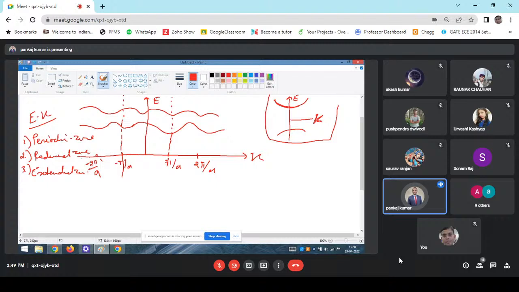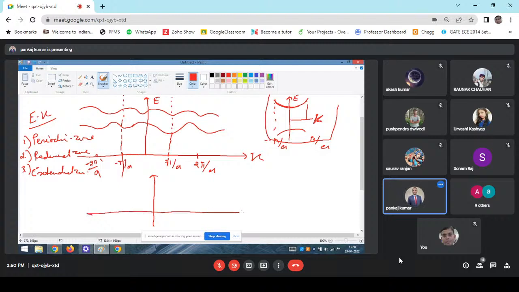So what is the reduced zone? It gives only the values from minus pi by a to pi by a. Only between these two do we show, and that is called the reduced zone. When we show the complete diagram, that is the periodic zone. And what is the extended zone? In the extended zone we show more than one period.